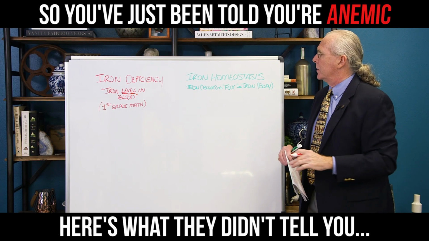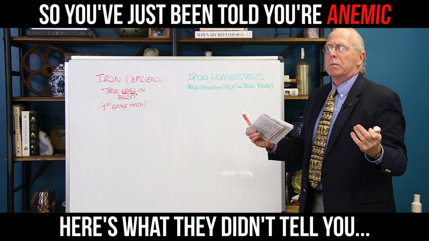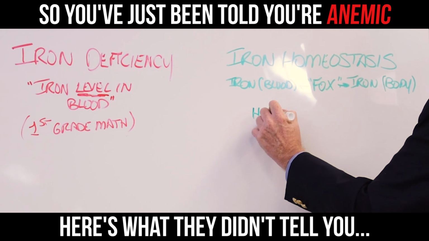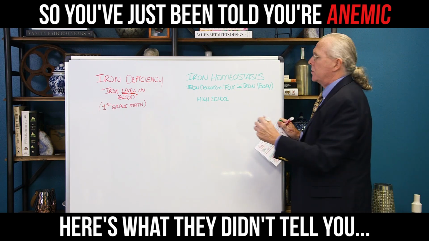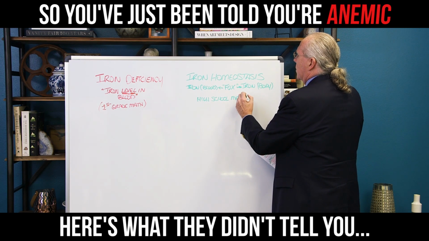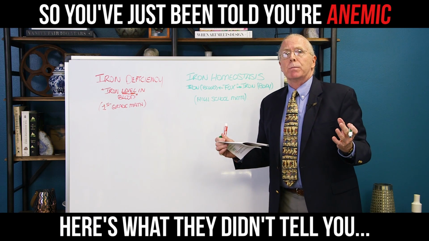Is it at a certain level? And what I think people need to really begin to graduate to is what I call high school math. We don't have to delve into calculus or differential equations. This is high school math because we have multiple variables just like we had with algebra.